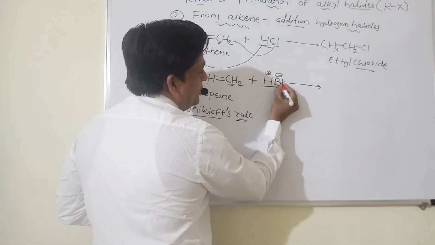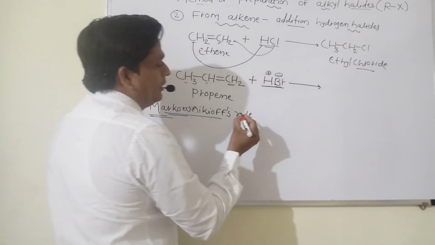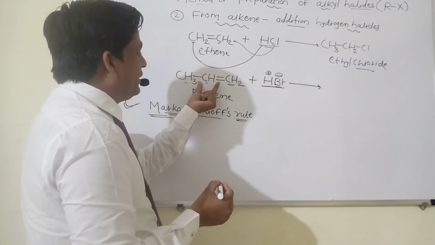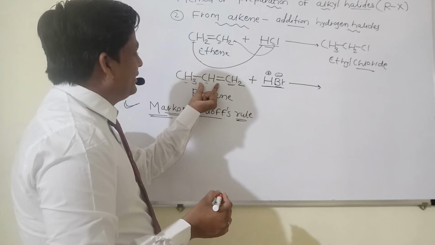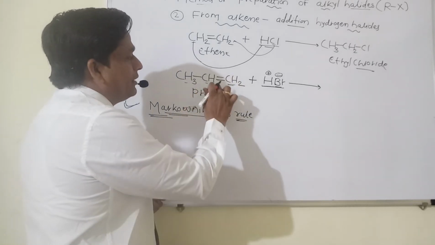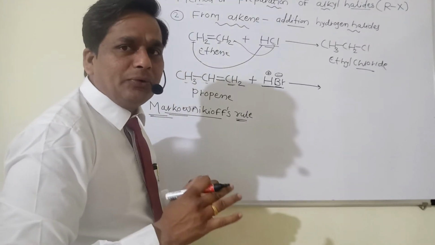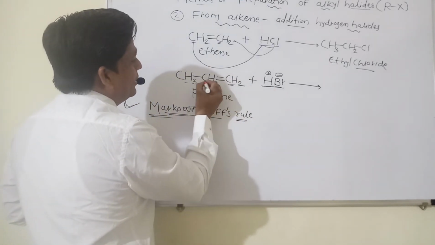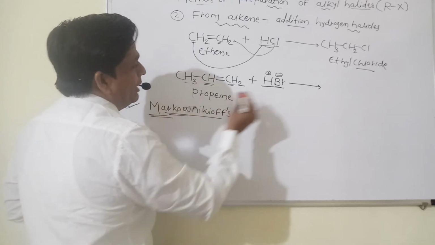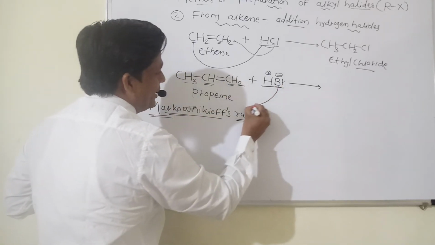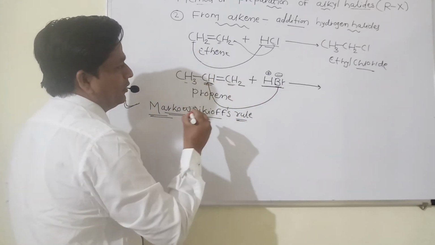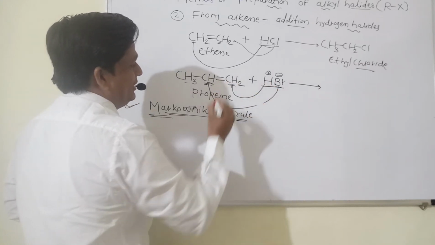The negative part, bromine, will get attached to the unsymmetrical alkene, this one, propene, at the carbon which carries the fewer hydrogen atoms. Where is the fewer number? This CH group. That means the bromine is going to attach here, and hydrogen is going to attach to the CH2.